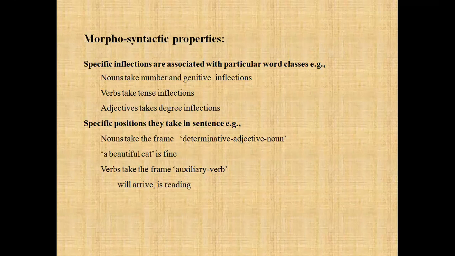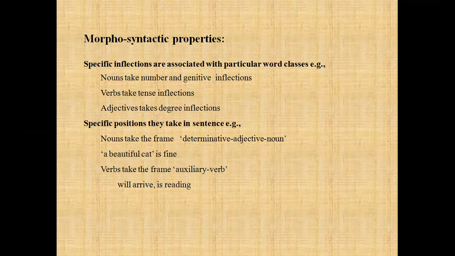In a sentence, a noun may take number and genitive inflection. Verbs take the inflection of tense, like go, went, gone, or goes. Adjectives may also take inflections, like beauty, beautiful, full.